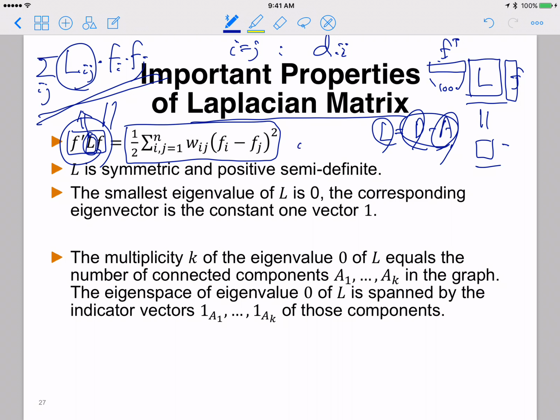And if i is not equal to j, Lij will become minus Aij, right? Because in the case of the off-diagonal part, this is the corresponding term.